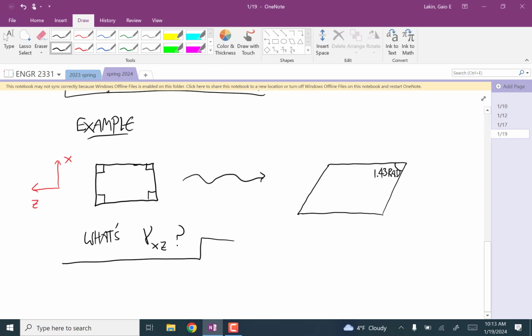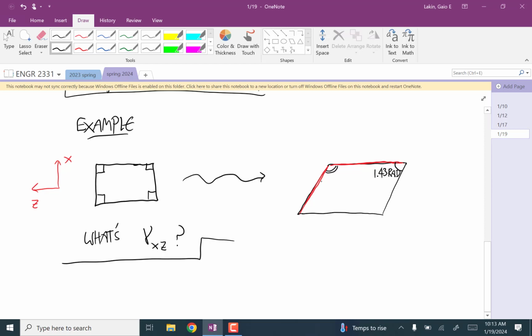Okay, so the first thing you have to do is identify the two positive faces. With this crazy coordinate system, this is the positive Z face, and this is the positive X face. So the angle we really want is this.